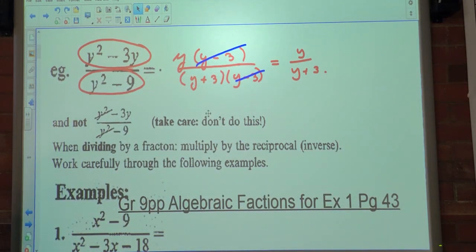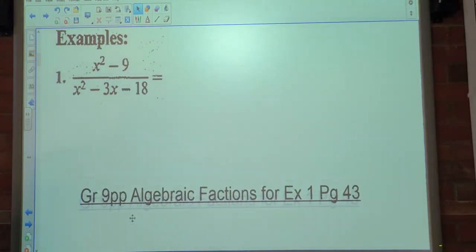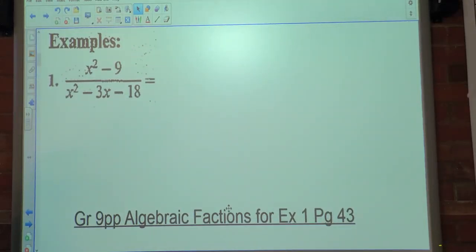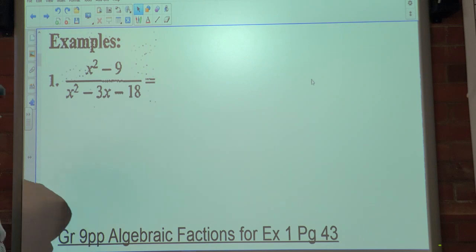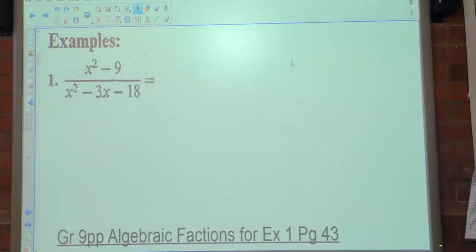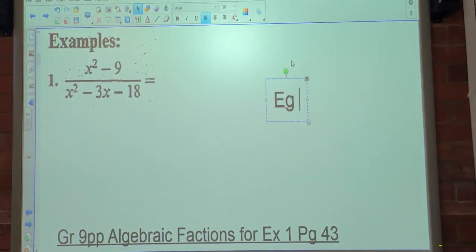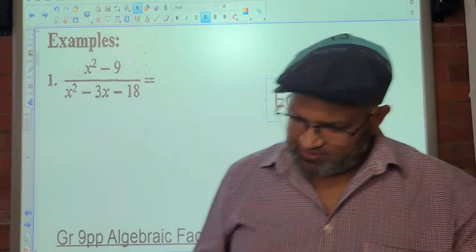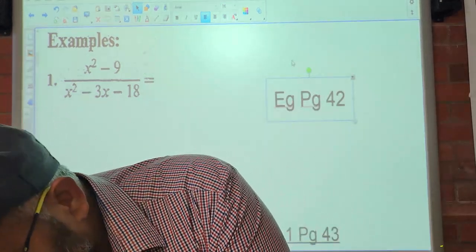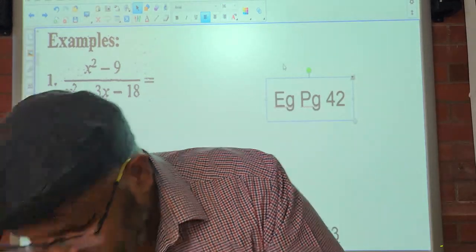Let's carry on. So we're going to do the sum again. This is number 1 of the examples on page 43. The exercise on page 45.